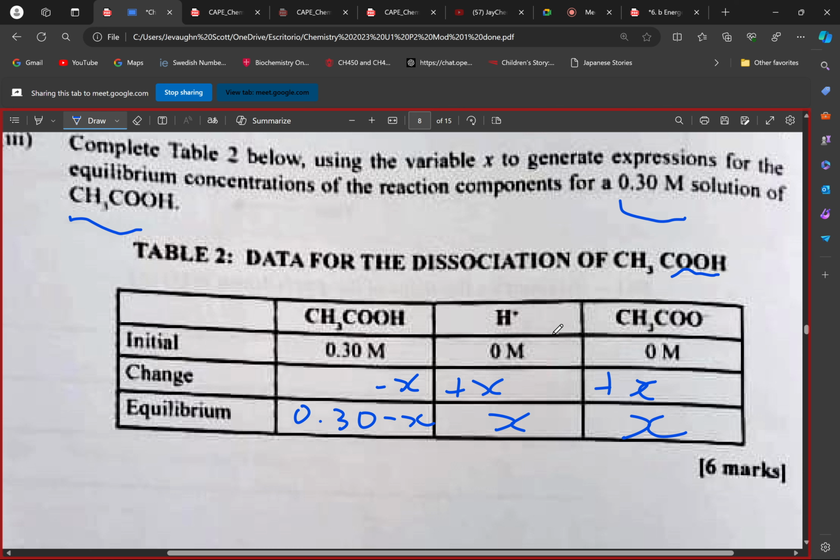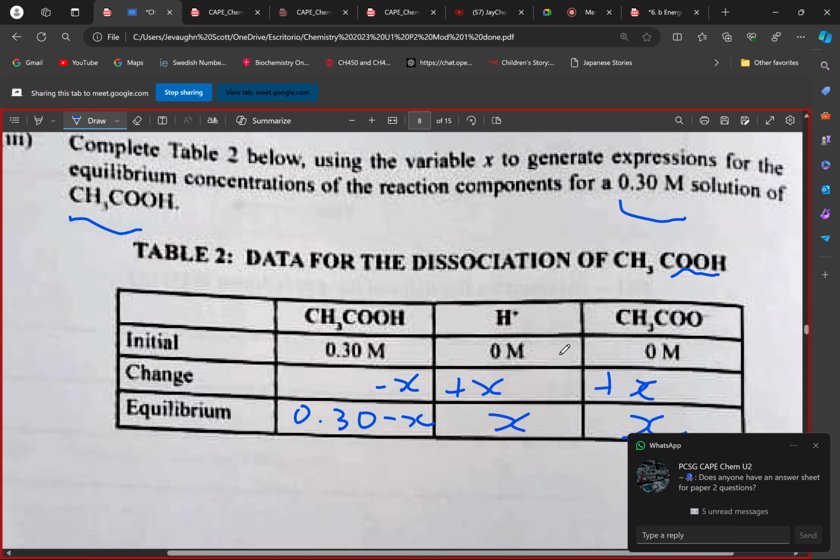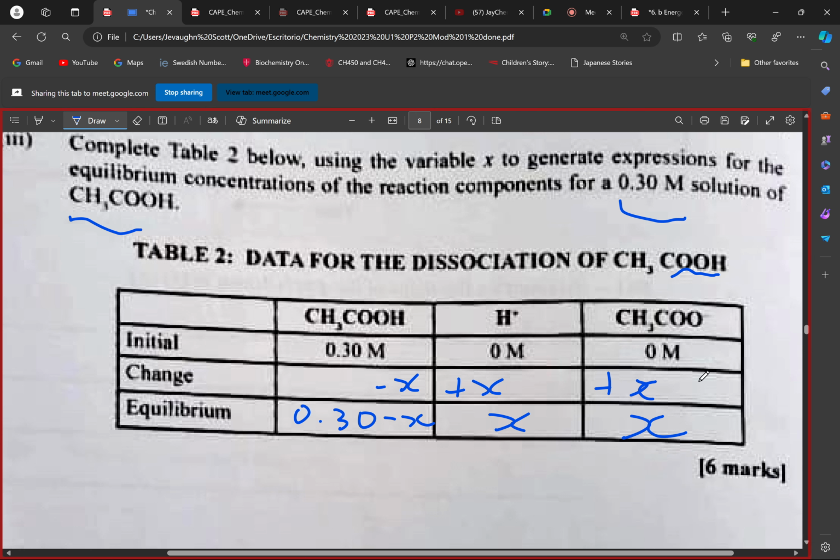But when we look at the products now, the products must increase by some arbitrary value. We call that arbitrary value plus x. We don't know why it's increasing by that, but it's plus x. It's not that it's relational to the minus x. It's just increasing by some value.